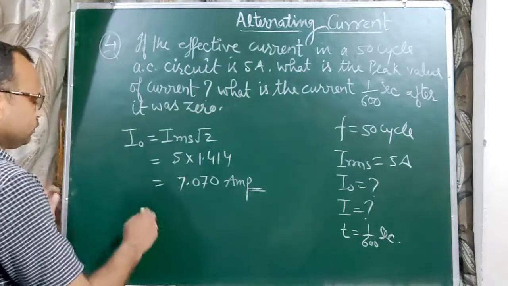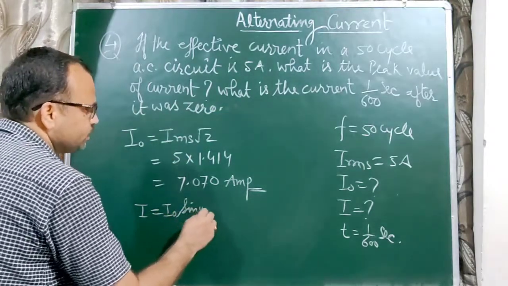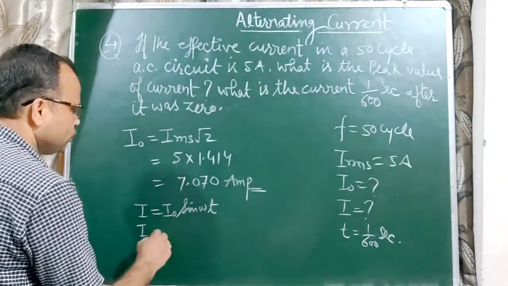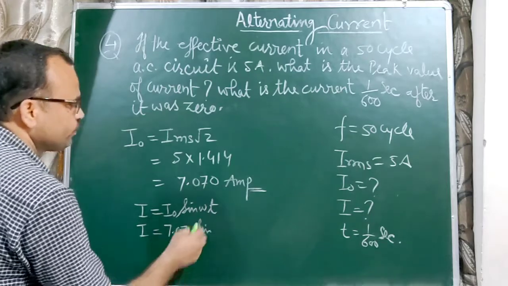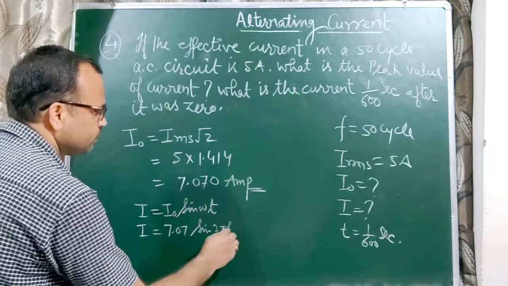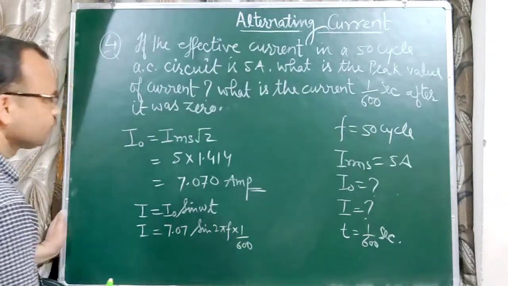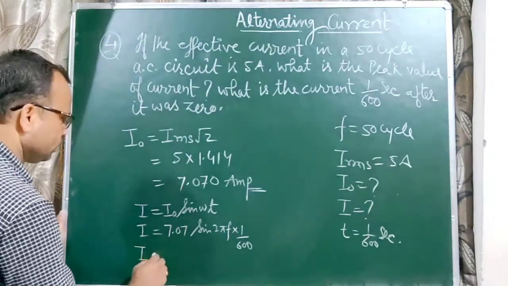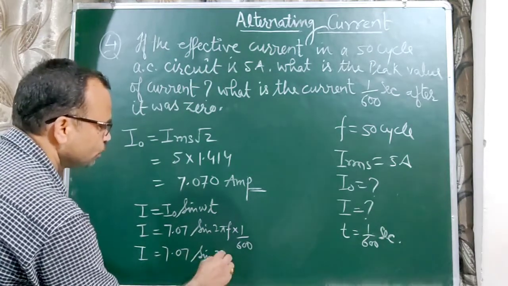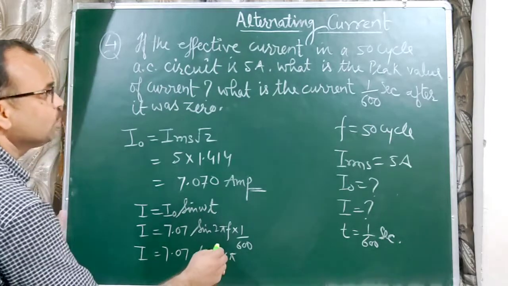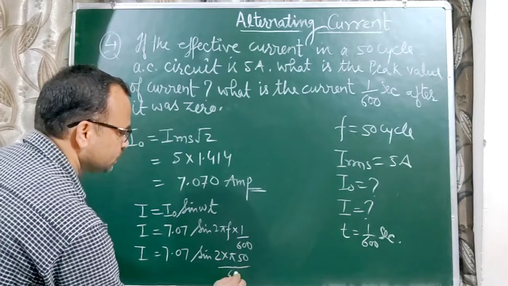Now to calculate the current, instantaneous current is given by I equal to I naught sin omega t. I equal to value of I naught 7.07 sin omega, means 2 pi f into t, means 1 upon 600. So I equal 7.07 sin 2 pi, value of frequency f means 50 upon 600.